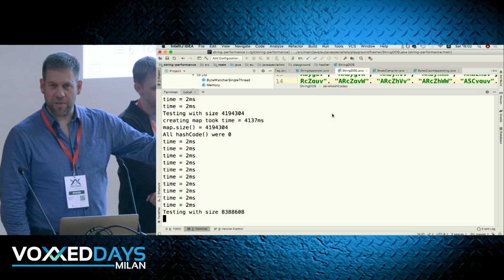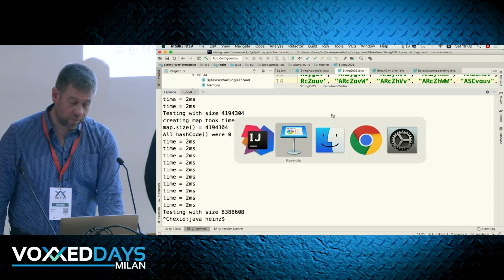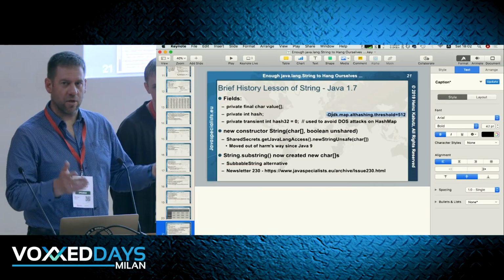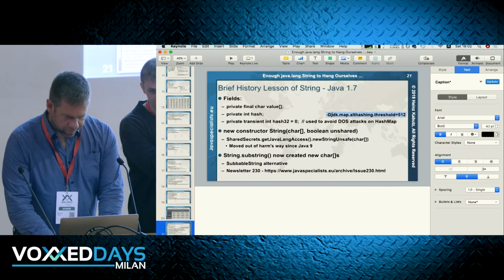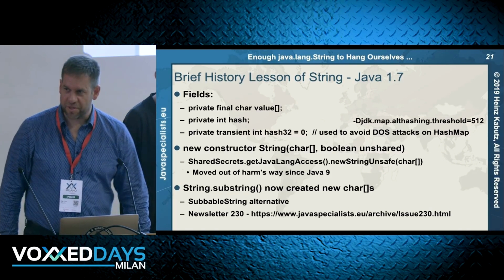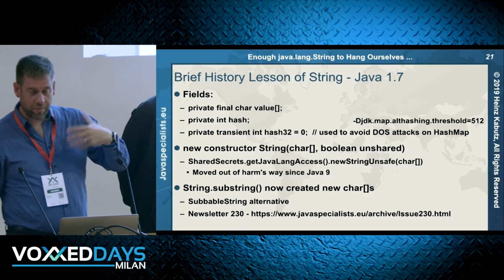But you had to turn it on explicitly. If you didn't do that, you didn't have any of these benefits. And again, the reason why they didn't want to do it automatically is because people would complain that their tests don't work anymore.